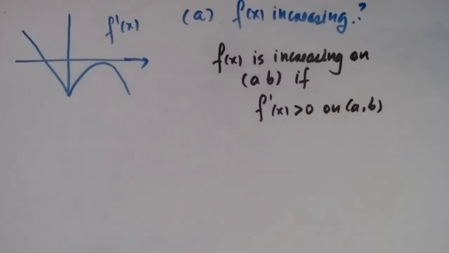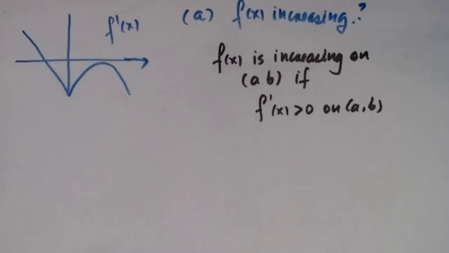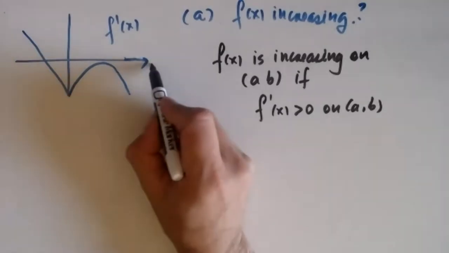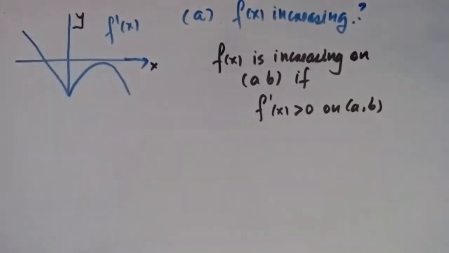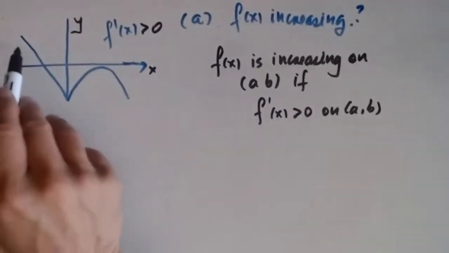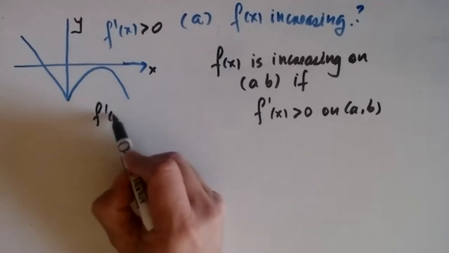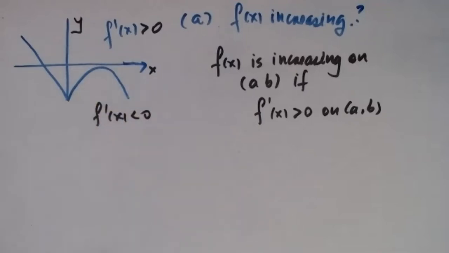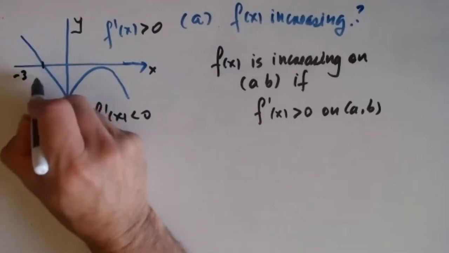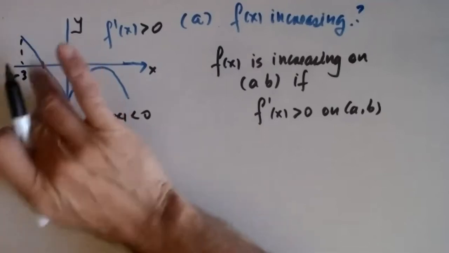Okay, now you see the graph. This is the derivative, right? Now this is the x-axis, this is the y-axis, correct? So f prime is positive in this section of the quadrant and f prime is negative right here. So this point is -3, this is -2. So where is the function increasing? -3 to -2. Exactly.